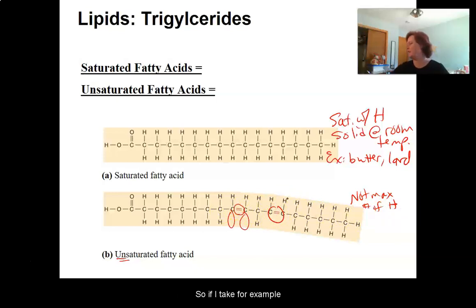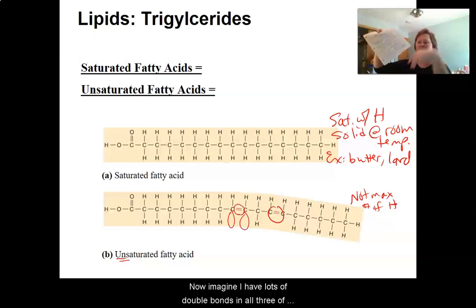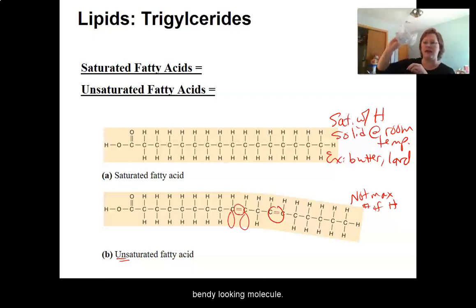So if I take, for example, this piece of paper, every time there's a double bond in it, I form a kink. Now imagine I have lots of double bonds in all 3 of those fatty acids. So I end up with this very bendy looking molecule.